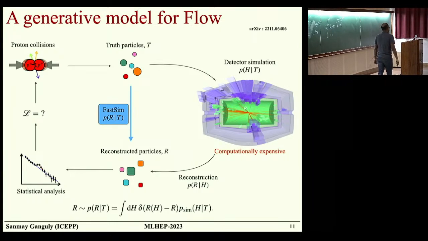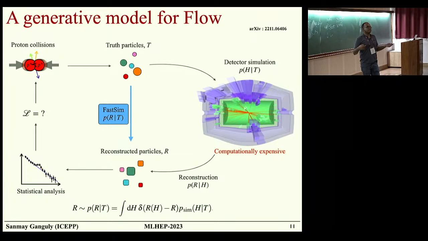And you remember that each kind of particle should give you a different pattern inside a detector. The nature of energy deposits of a single photon versus a single pion is different. So when you write a generative model, you need to condition on the kind of particle which we started from. So often we face the problem of writing a constrained generative model.